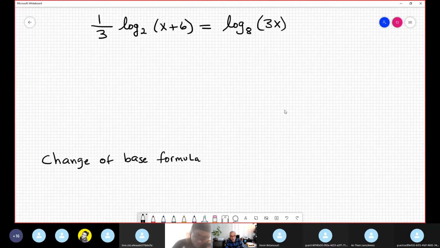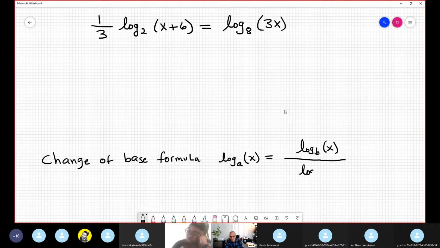Logarithm of one given base of one number or variable, it doesn't matter, is equal to the division: logarithm of another base of the same number or expression divided by logarithm of the old base, b is the same.